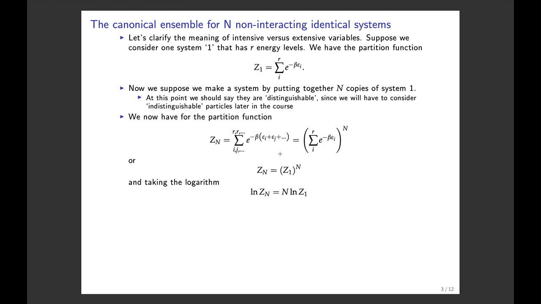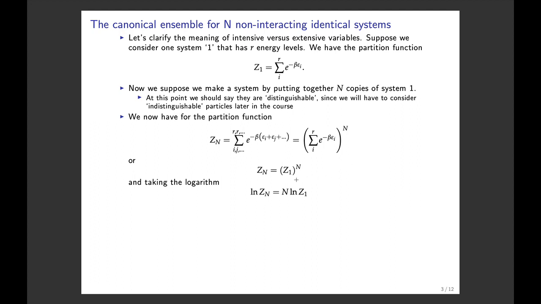We'd get something that looks very big and hard to work with, but it's pretty easy to see that we can factor all these, because the energies are additive, because these do not interact with each other, so that Z sub N is just this quantity raised to the N power.